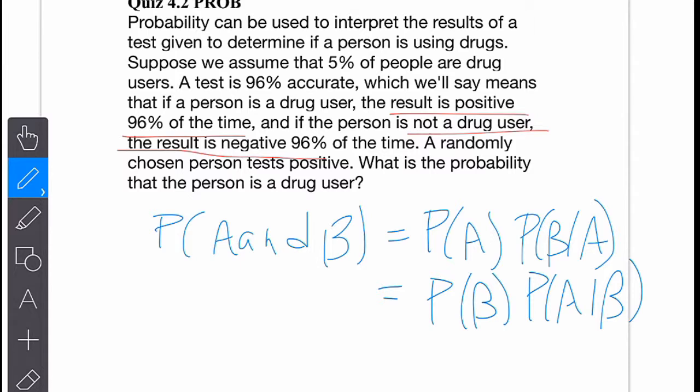So I'm going to use T and D. Let's go through each of them. We assume that 5% of people are drug users. So the probability of being a drug user is 5%.